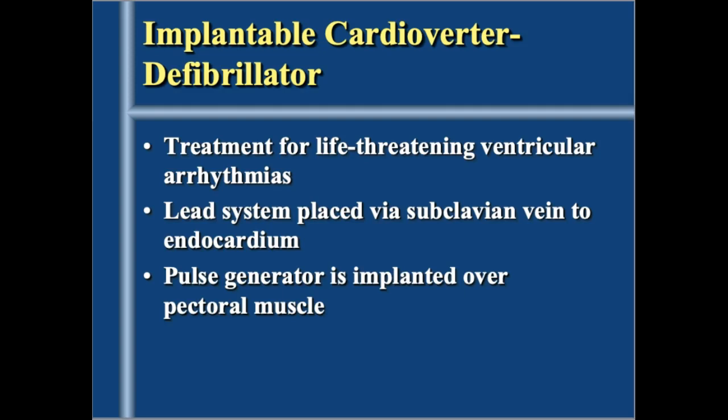It's generally a much smaller amount of electricity than when we use an external defibrillator, but they still feel it. They feel like they've been kicked by a mule sometimes. But it is very secure and very comforting for them to know that if they do have those arrhythmias, their automatic defibrillator will kick in.